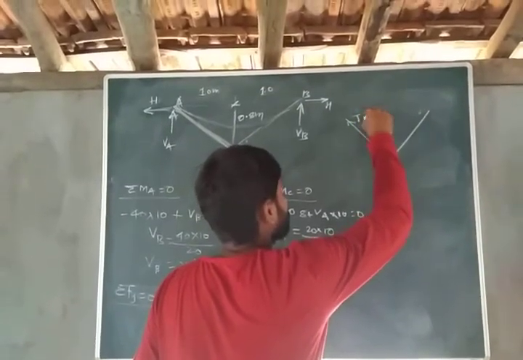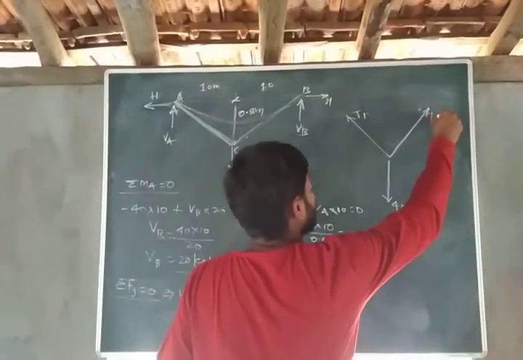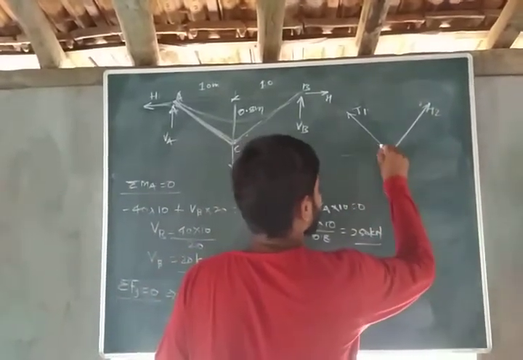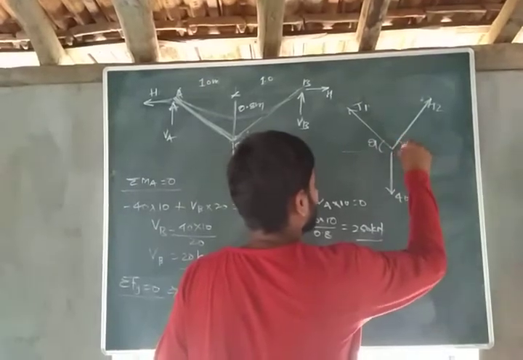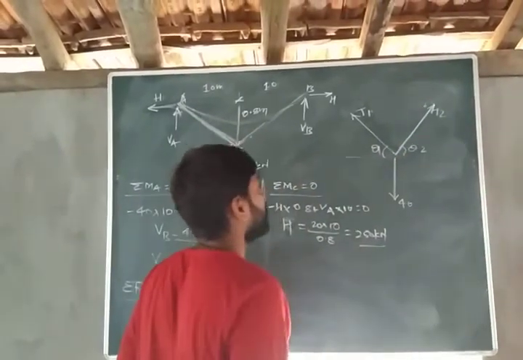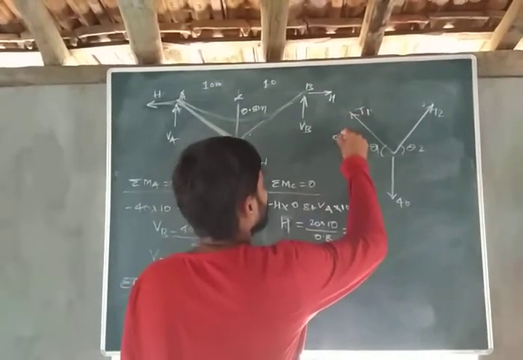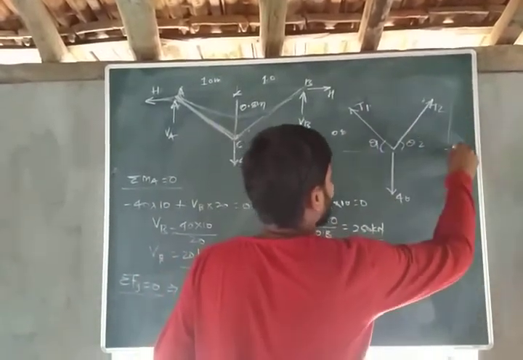This is tension T1, let us say this is T2. Okay, we have to calculate this angle also, theta 1 and theta 2. Okay, this is 0.8. This is also 0.8.